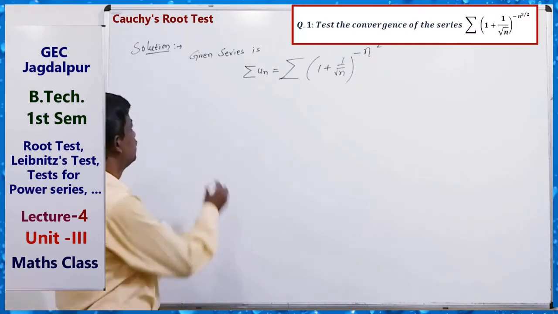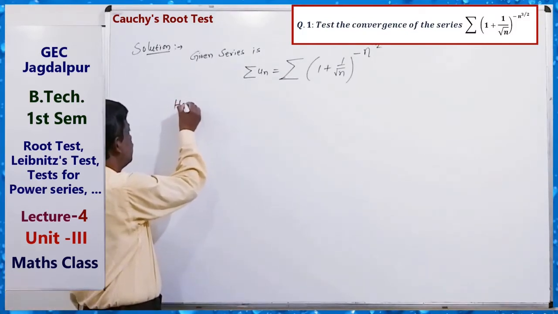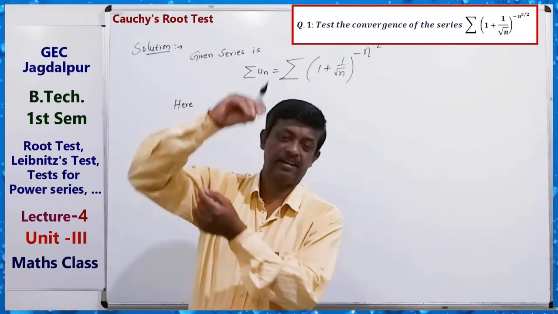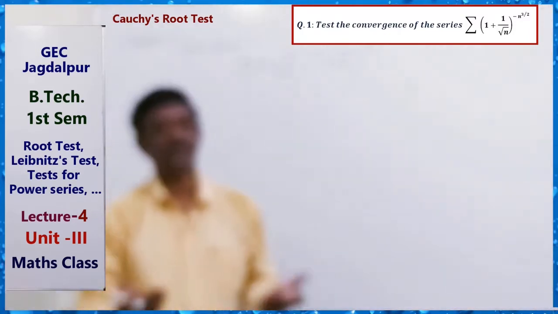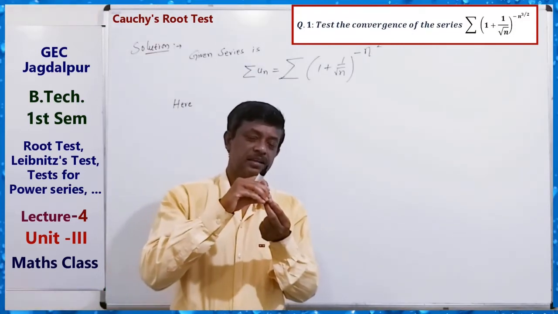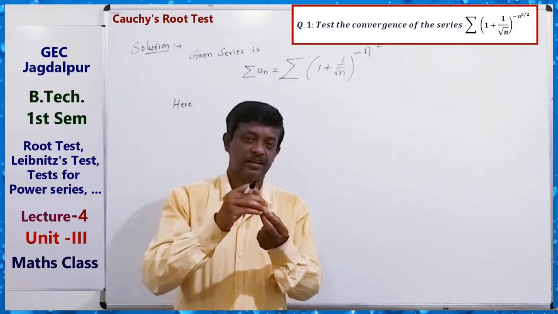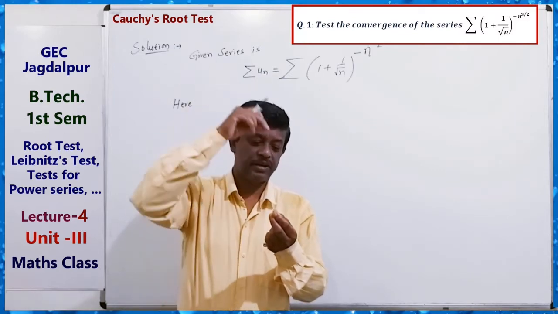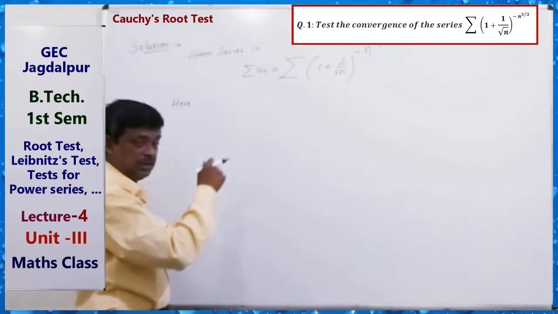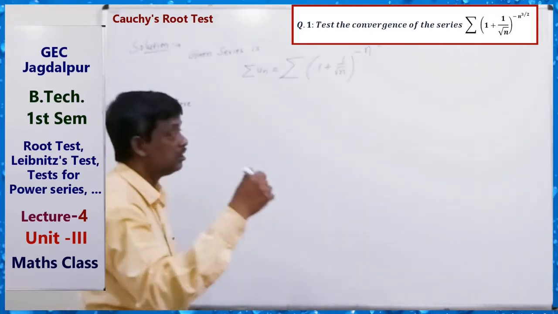Here we have something to the power n. So we can use the root test, because if we take the nth root, then n can be cancelled out. So that's why we can try the root test.